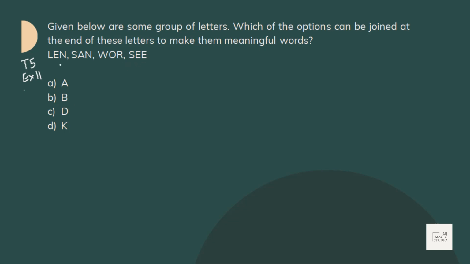B: Lenb, Senb. D: Lend. Okay, lend is a meaningful word. Then we will have send, word, and C, wonderful. If we add D to the end of these groups of letters, we get meaningful words. So the answer is C, and the letter is D.